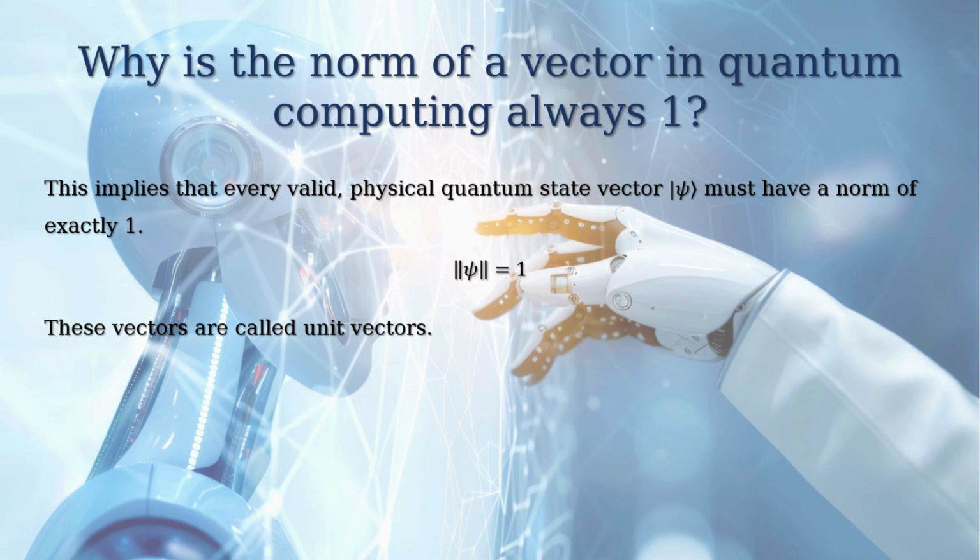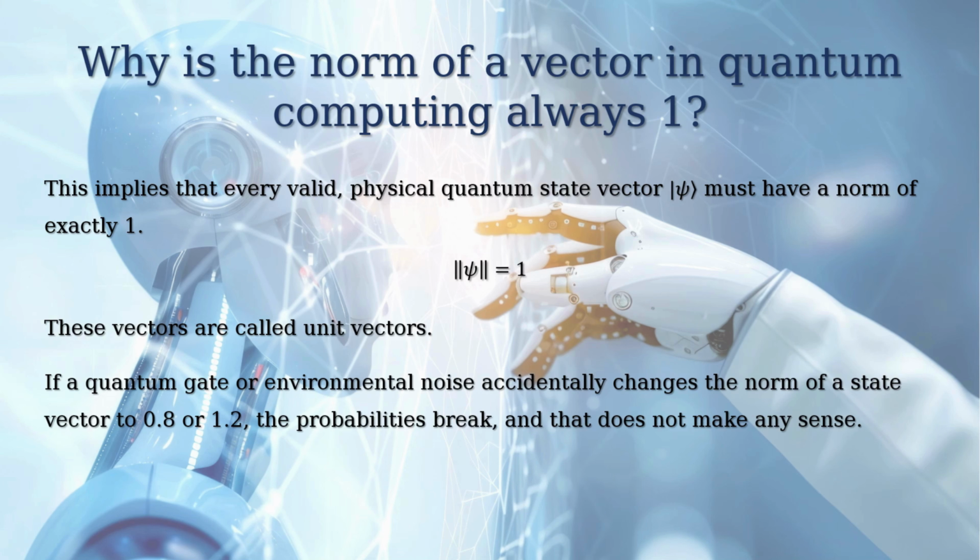These vectors are called unit vectors. If a quantum gate or environmental noise accidentally changes the norm of a state vector, say from 0.8 to 1.2, the probabilities break, and that does not make any sense.